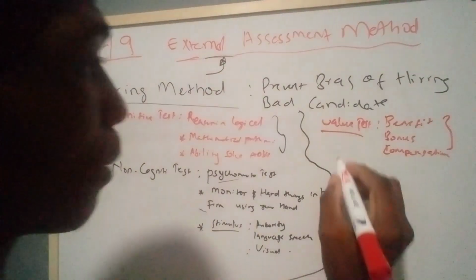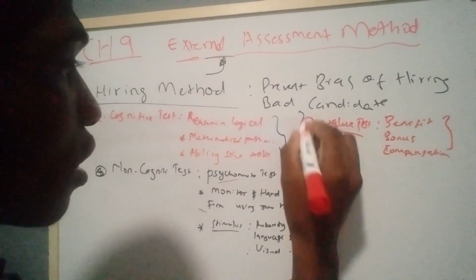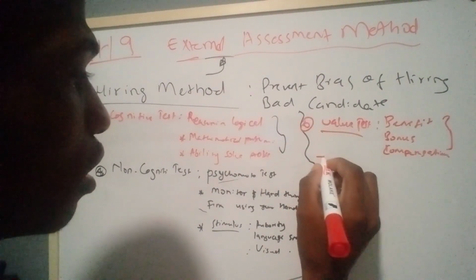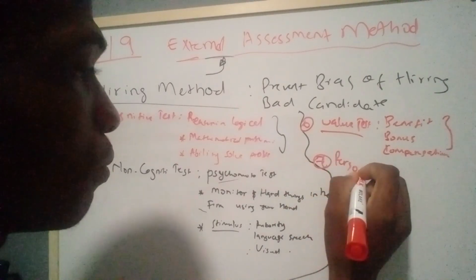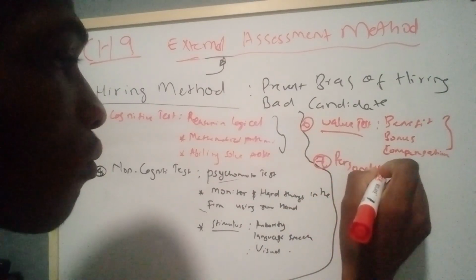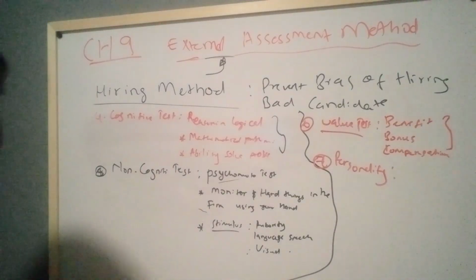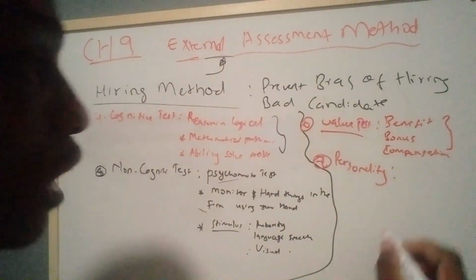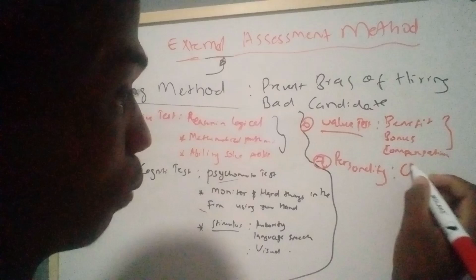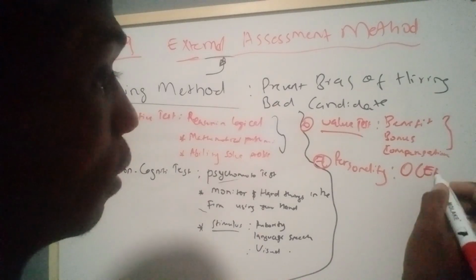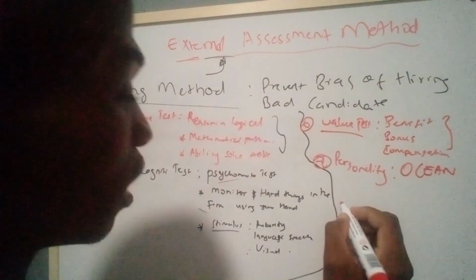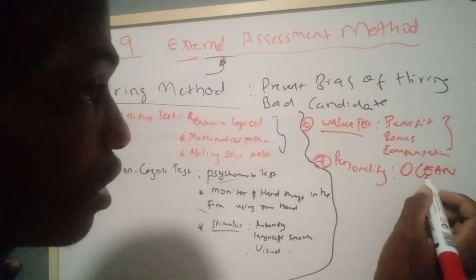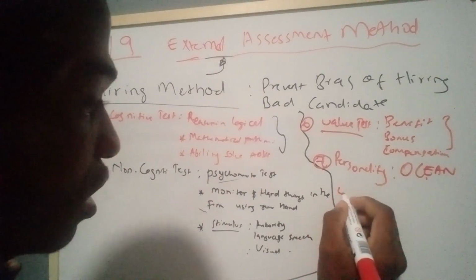And then personality, number 7, the personality. Here they try to assess your types of characteristics in order to perform the job, which would be OCEAN. We use OCEAN in order to say you are... Let's start with E, extraversion.